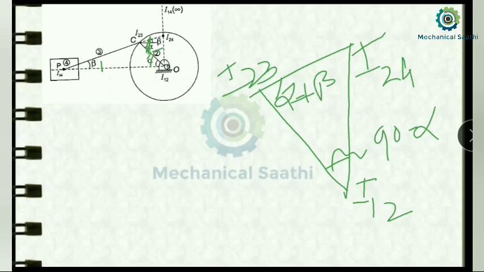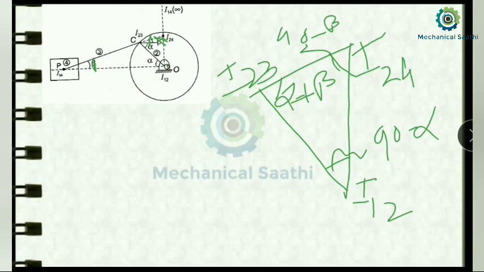Likewise we can calculate this angle at I24. Because this angle is beta, this angle will also be beta. So the total angle at I24, between I23, I24 and I12, we can calculate as 90 minus beta.